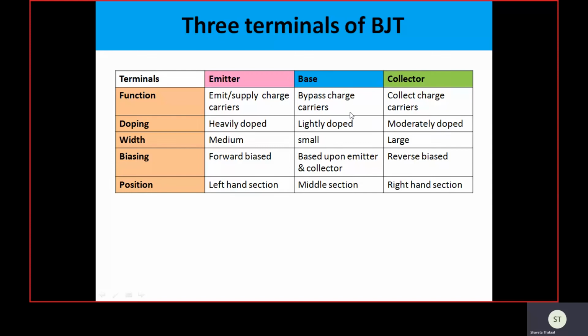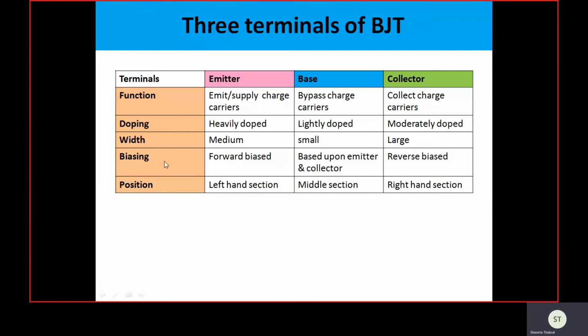That's why the base is kept lightly doped as well as the width of the base is also kept small. Whereas the emitter has medium width and the collector is made with large width because the collector has to collect charge carriers and the high heat gets dissipated in this area. So to dissipate high heat, the size of the collector should be made large.